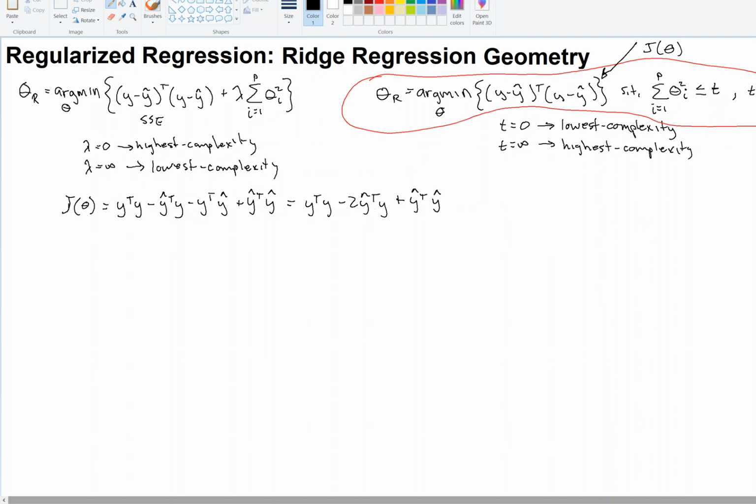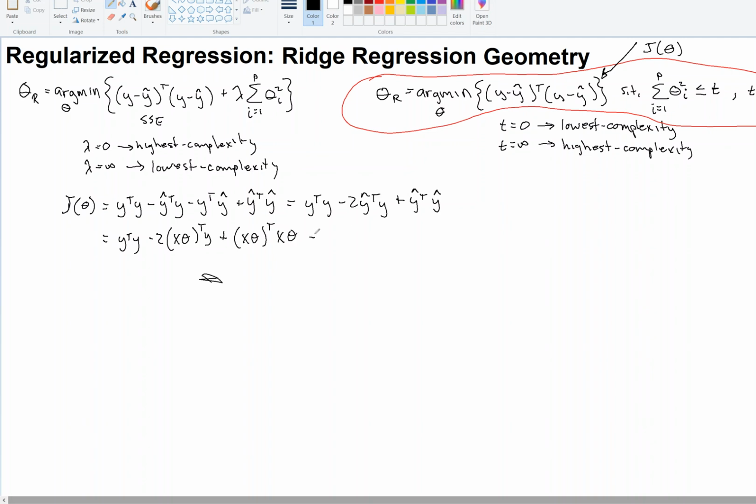Then we bring in our predictions. So this would be y transpose y minus 2 times x theta transpose y, because our predictions are x times theta, and so this would be x times theta transpose x times theta.